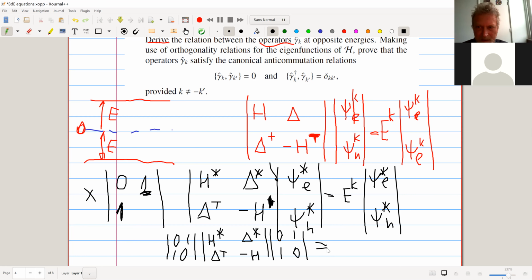It's just a matrix multiplication in the blocks. What it finally turns out to be is the same matrix, but with a minus sign. All right, that proves the hypothesis. What I have to use, and this is important, is that the matrix delta is anti-symmetric. So delta transposed is just minus delta.